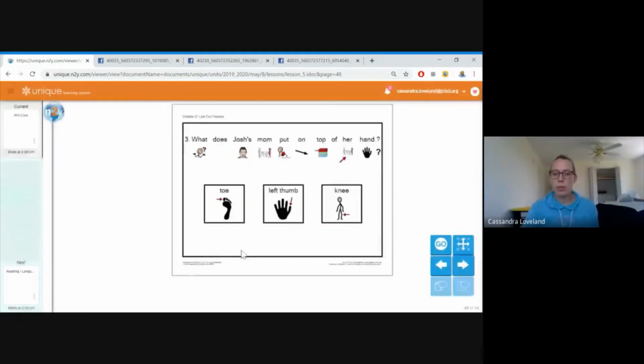What does Josh's mom put on top of her hand? Does she put her knee on top of her hand? Yes or no? No. Does she put her left thumb on top of her hand? Yes or no? Yes, she puts her left thumb on top of her hand.